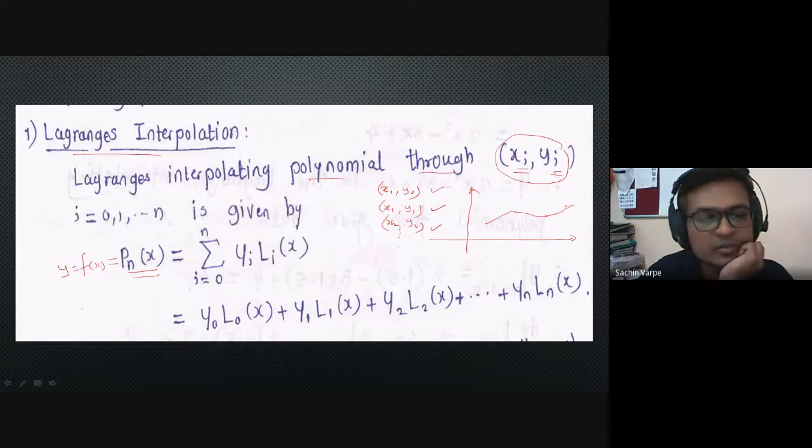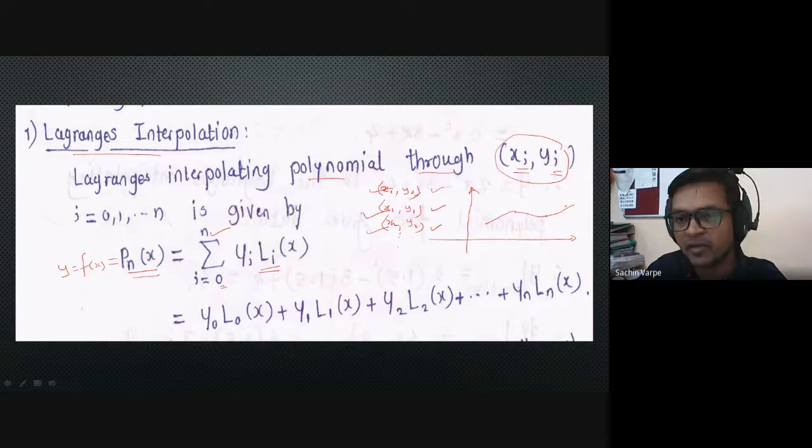So y will be equal to Pn of x, and that is the summation of yi into li, where i varies from 0 to n. Okay. So if we are given 3 points, then how many yi's do we have? y naught, y1, and y2. So 3 yi's, right? So for these 3 yi's, the polynomial will be the summation of yi li, where i varies from 0 to, sorry, not 0 to 3, 0 to 2.